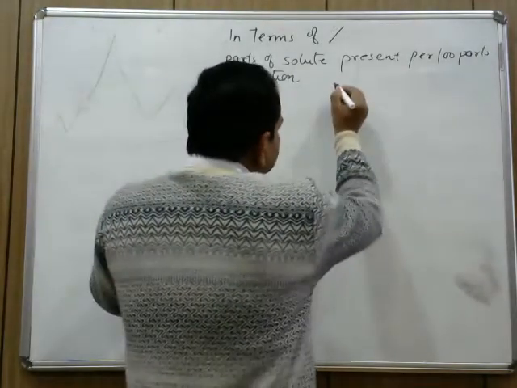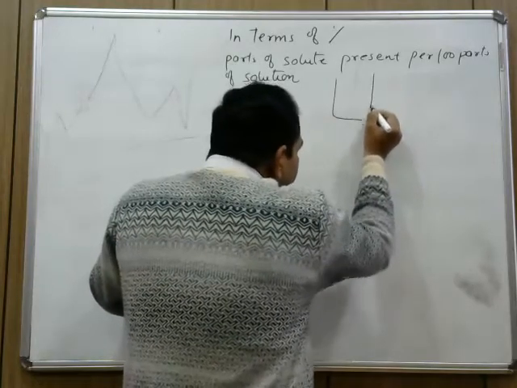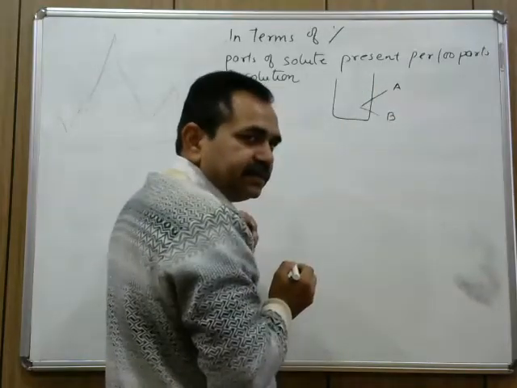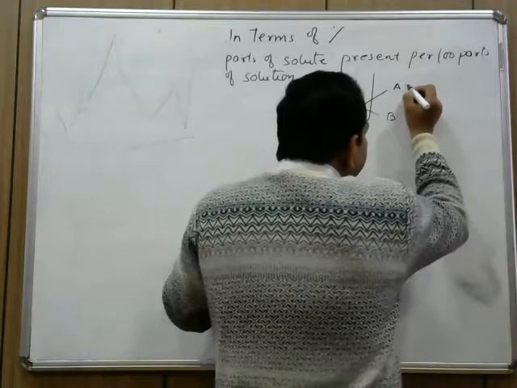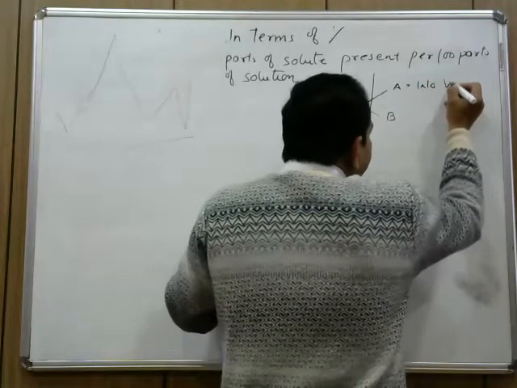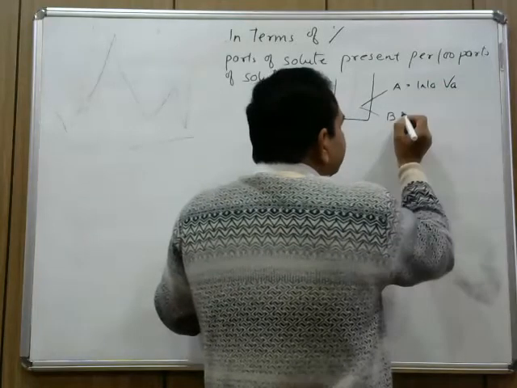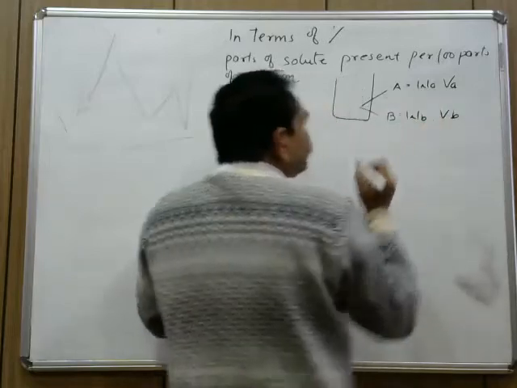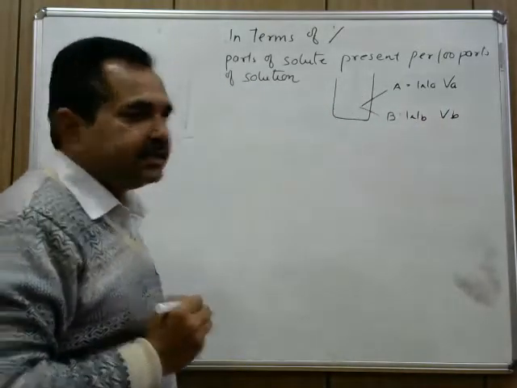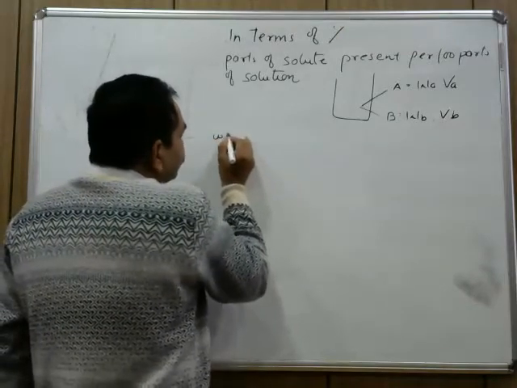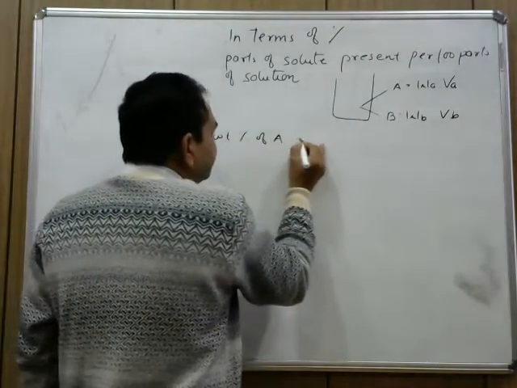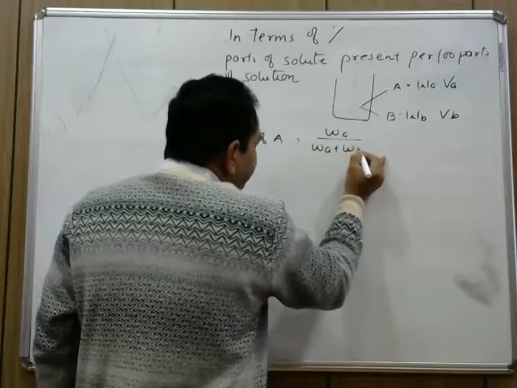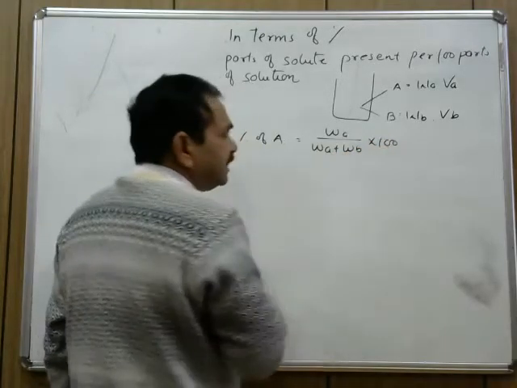Let us consider a solution which contains two components A and B. Suppose the weight of A is WA and volume of A is VA. Weight of component B is WB and volume is VB. Then weight percent of A is given by WA divided by (WA plus WB) into 100.